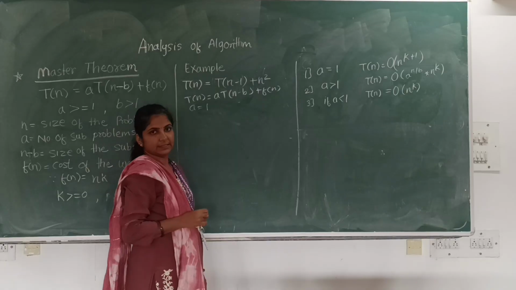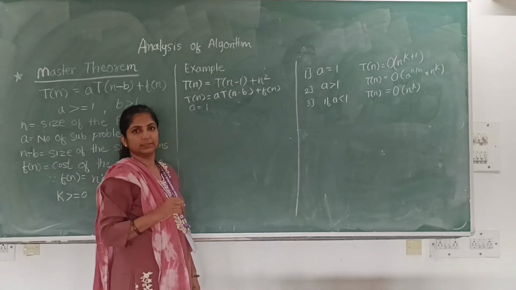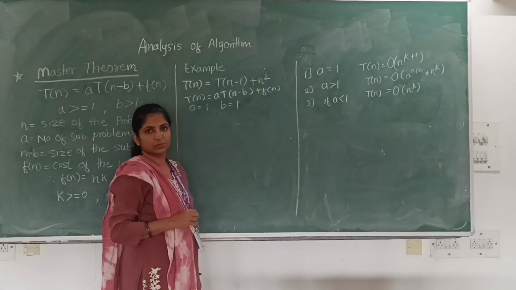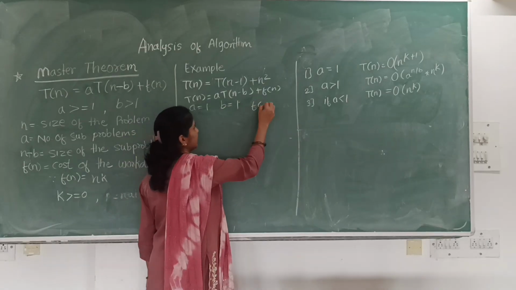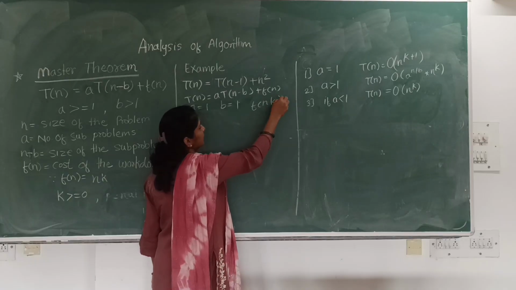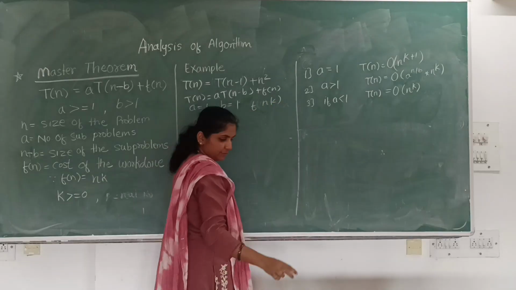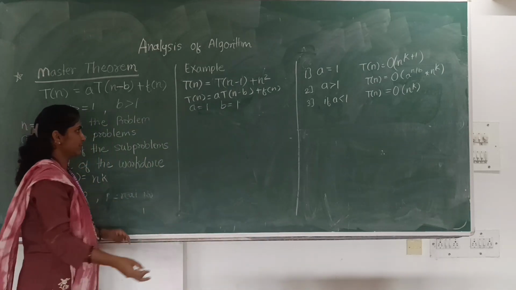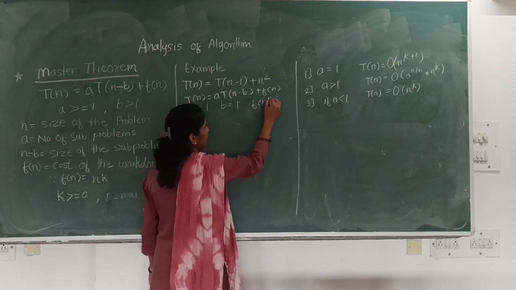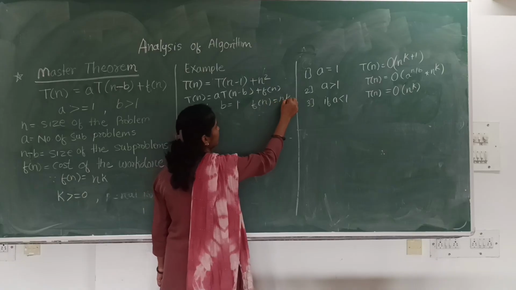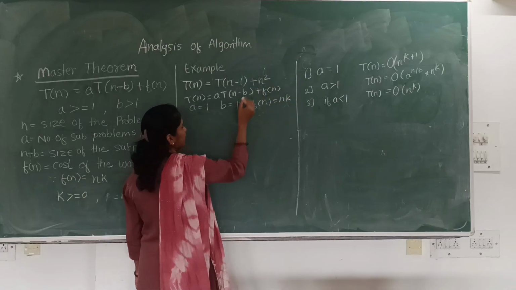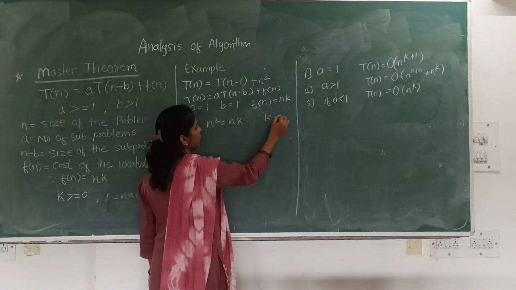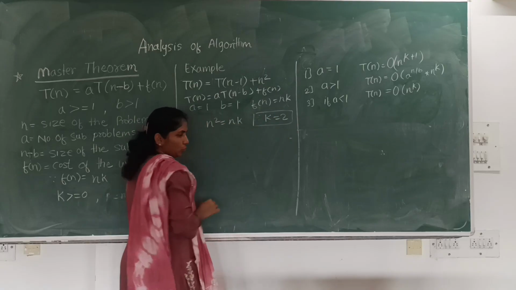Here nothing is there, so we can consider the value of a is equal to 1, the value of b is equal to 1, and f of n is equal to n^k, and f of n is given as n squared. So we received here the value of k is equal to 2.